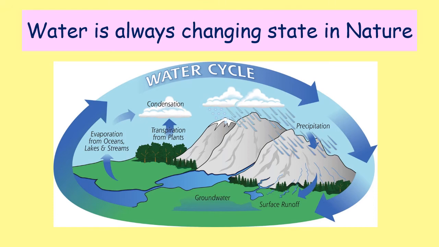It just uses less energy but takes a longer time. And that is another way in which liquid water can turn into gas. So evaporation is similar to boiling. It turns a liquid into a gas, but evaporation is a slower process and uses a lower temperature.